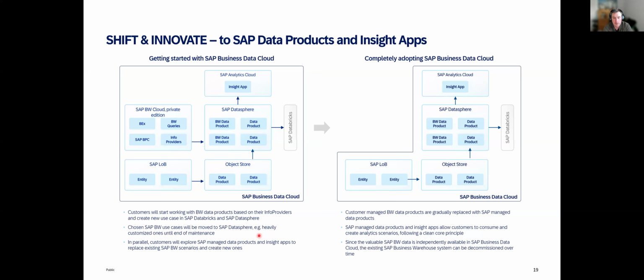And then chosen BW use cases will be moved to DataSphere, especially the heavily customized ones. That means if you have any kind of third-party tools connected under your existing BW, right? These use cases have to be re-implemented towards DataSphere core.